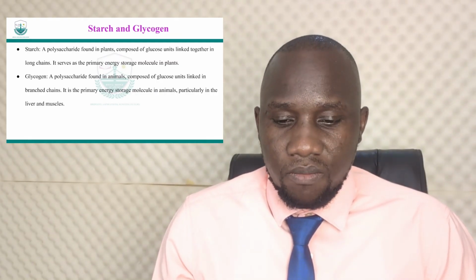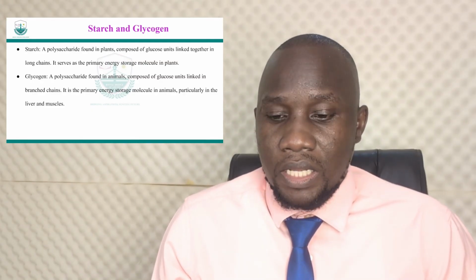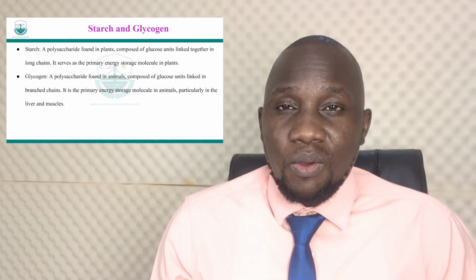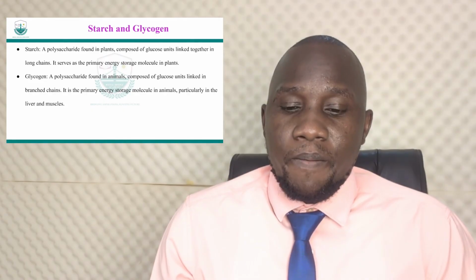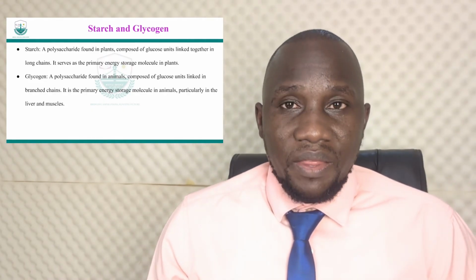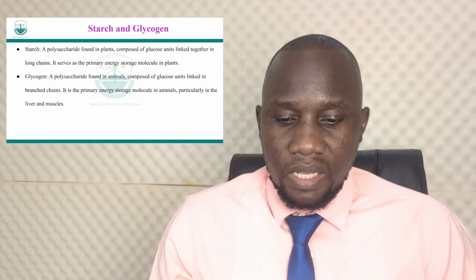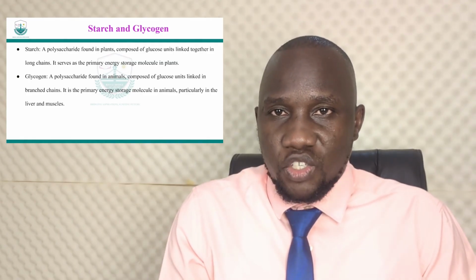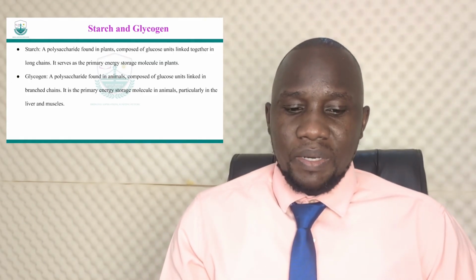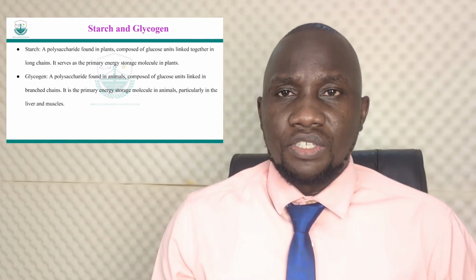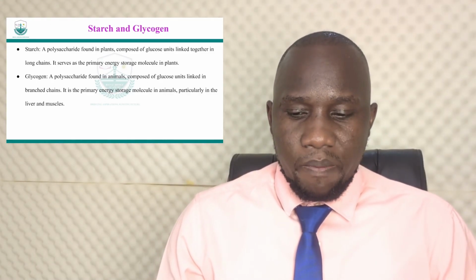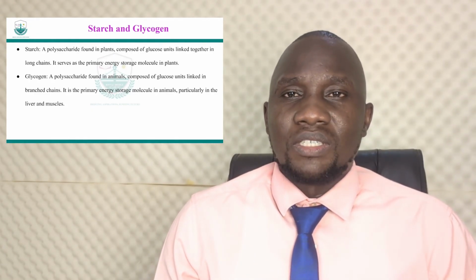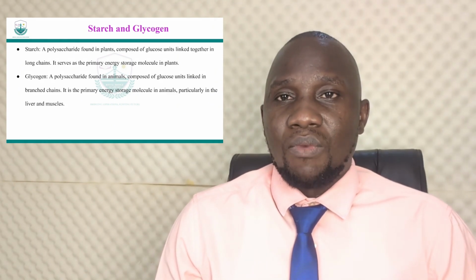It is the energy storage molecule in plants, and later on we shall see why. Why is starch a very good carbohydrate storage molecule in plants? And then glycogen, again a polysaccharide, is found in animals instead, and is still energy storage in animals. Particularly, this glycogen is in the liver and also the muscles. So later on, you should be able to answer why starch and glycogen form very good storage molecules.